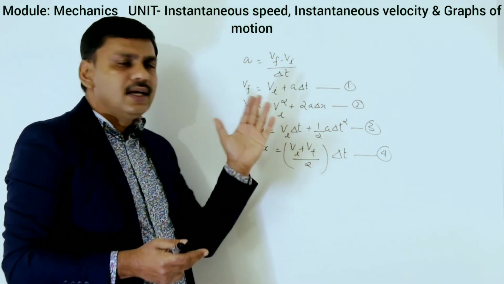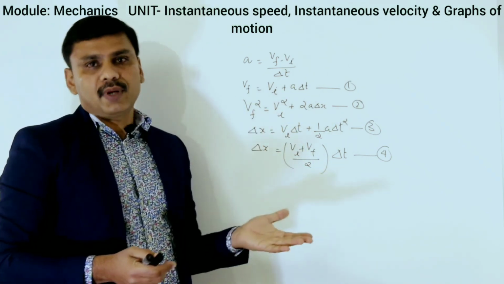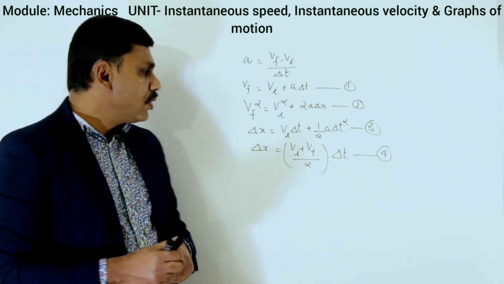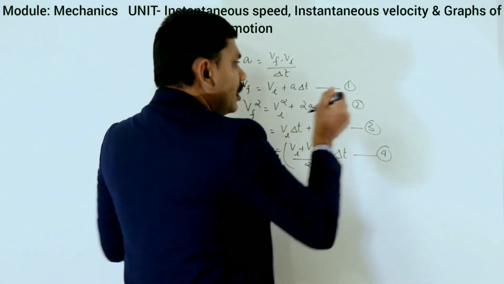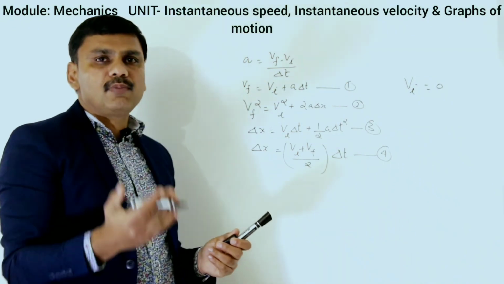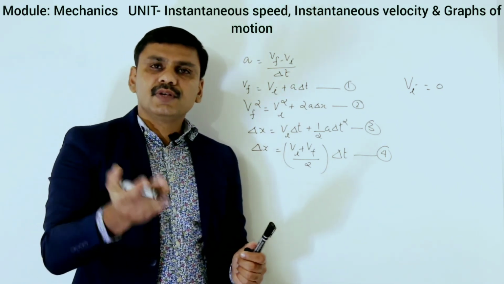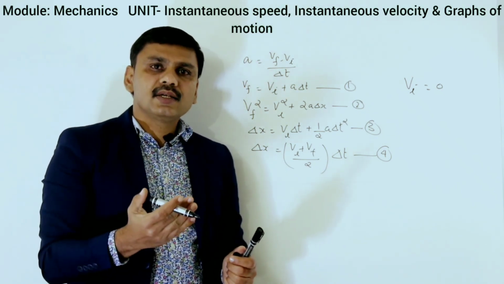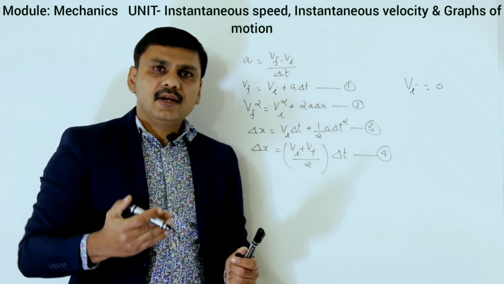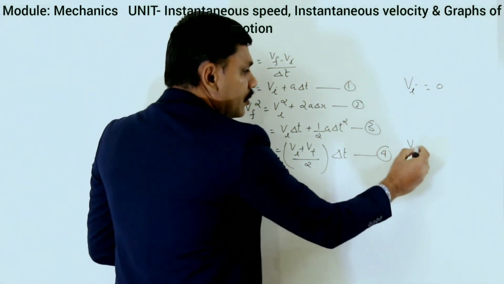So these are the equations of motion, and we use them for solving numericals. For example, if an object starts from rest, its initial velocity or initial speed will be 0. In some numerical problems, the object is starting from rest, so initial velocity is 0. In some numericals, the object moves with an initial velocity and finally comes to rest, so the final velocity of the object is 0.